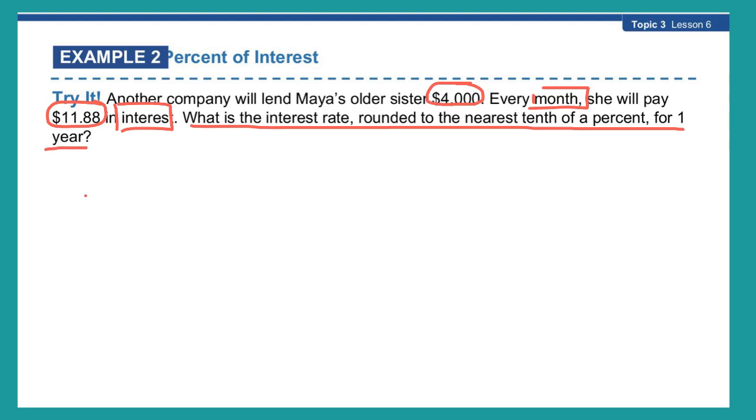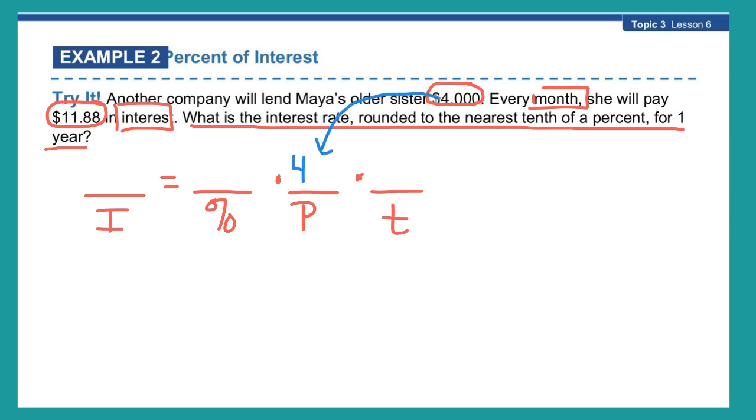All right, so we're going to use our new format. So this is going to be the interest equals the rate times the principal times the time. So let's go ahead and fill in what we know. We know the principal is $4,000.